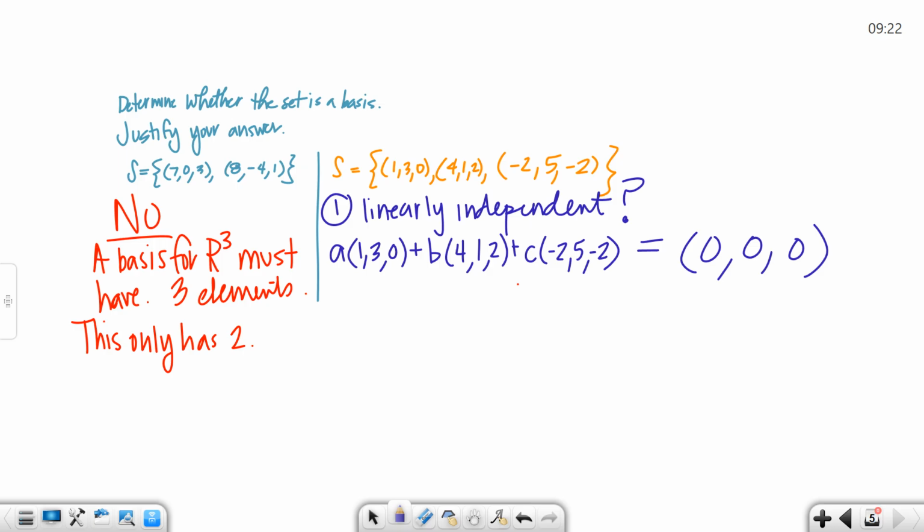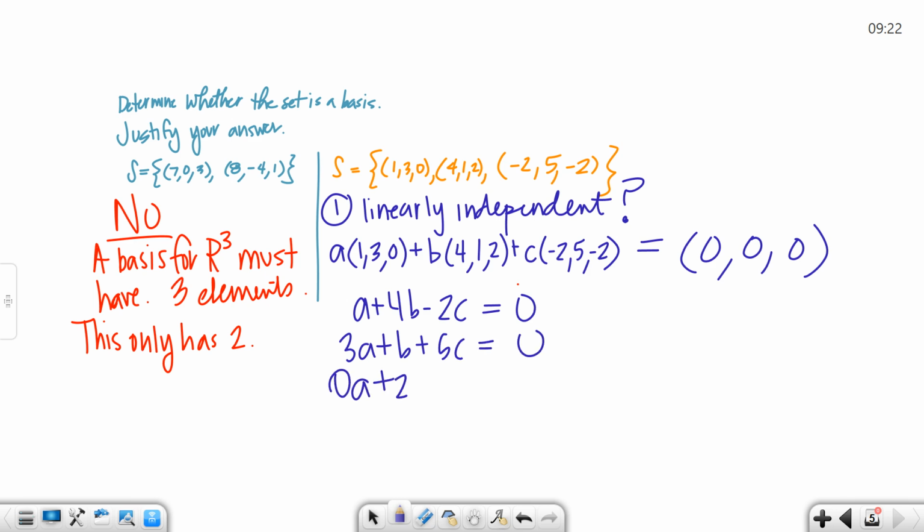But this one, we're setting equal to the 0 vector because that's the definition of linearly independent or dependent. So coming up with our equation, we're going to have A plus 4B minus 2C equals 0, and 3A plus B plus 5C equals 0, and 0A plus 2B minus 2C equals 0. So my coefficient matrix would be 1, 3, 0, 4, 1, 2, -2, 5, -2.